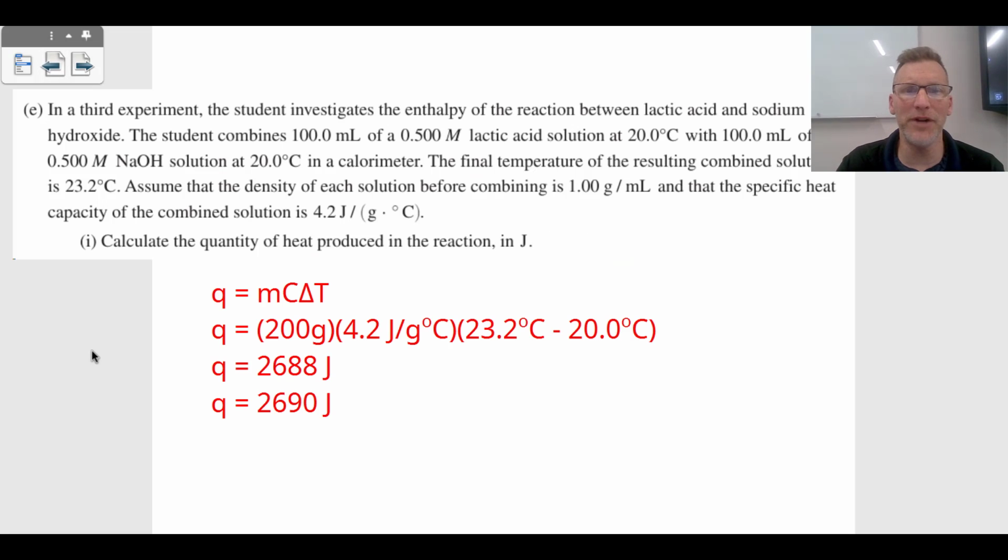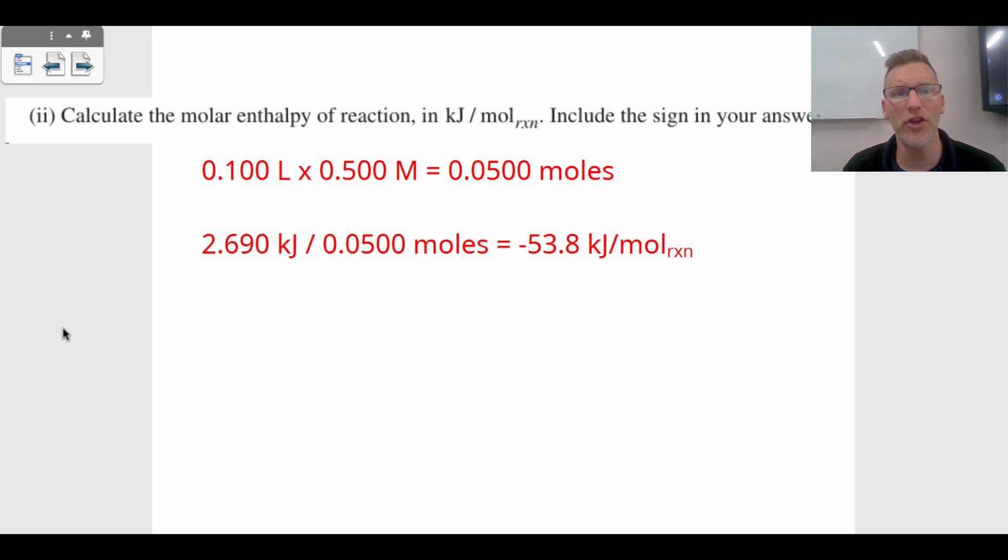So part 2, we have to take a look at the limiting reactant. You see the lactic acid, 0.500 molar of 100 mL, and the NaOH, 0.500 molar of 100 mL. Only one of those is the limiting reactant. So we take 0.5 molar times 0.1 liters, that's 0.0500 moles. That is the limiting reactant that was used.